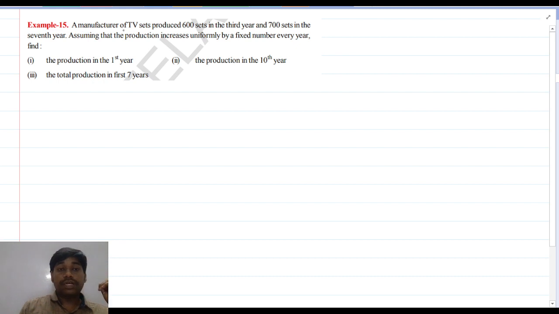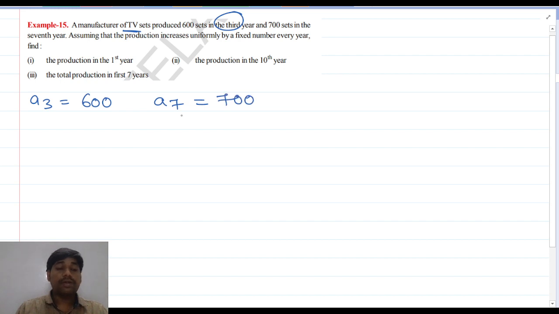A manufacturer of TV sets produces 600 sets in the third year and 700 sets in the seventh year. So in the third year he gets 600: a3 is equal to 600. a7 is equal to 700.